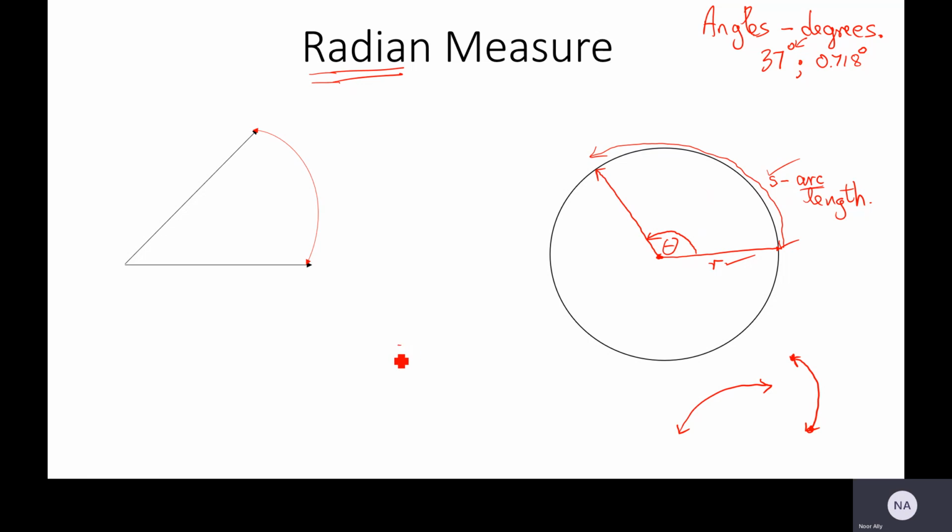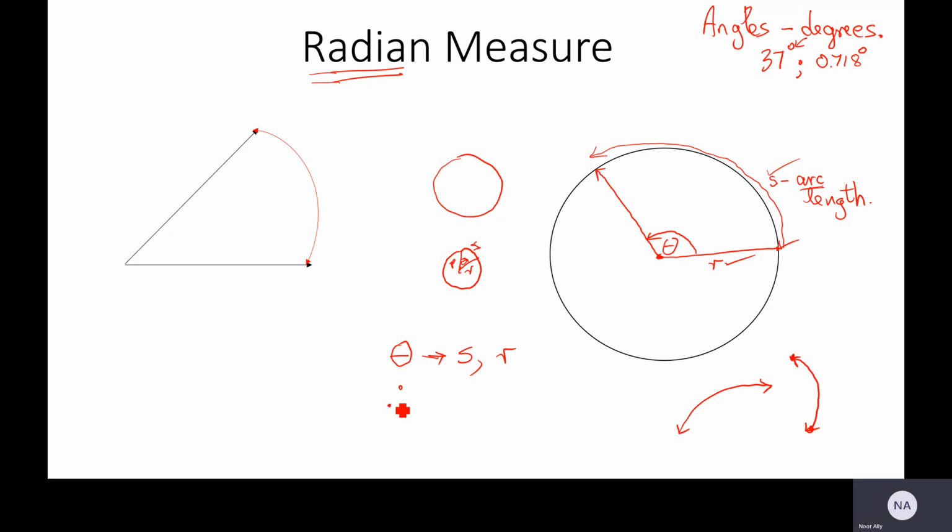So that theta is affected by S, the arc length, and R. Now, not only is that angle affected by the arc length and the radius, but also the circle itself. A small circle, slightly bigger circle, we're going to get smaller radii, and angles and arc lengths.